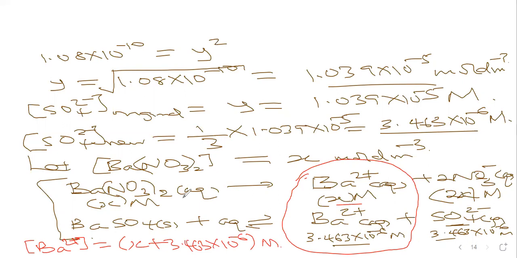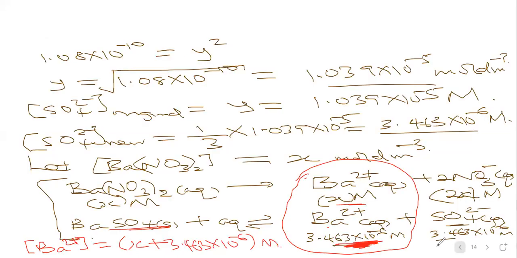But since this is a strong electrolyte, then we know that this concentration here is very small. Maria, are you getting me? Yes, teacher. This is very small compared to X because barium sulfate is sparingly soluble. It gives us a very small concentration of barium ions.